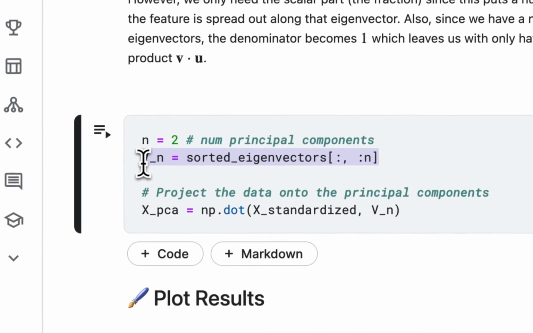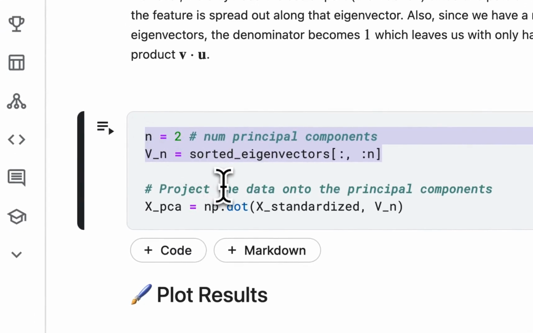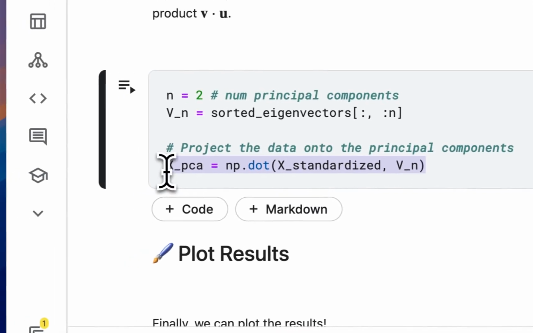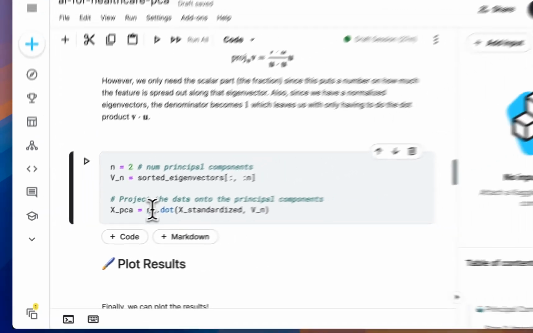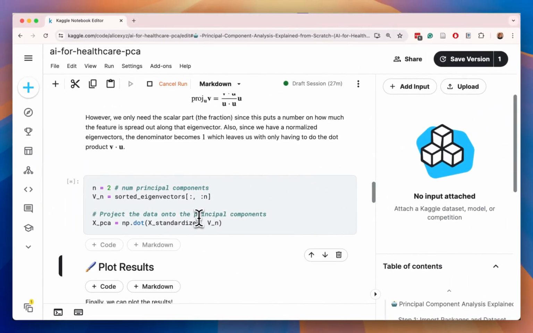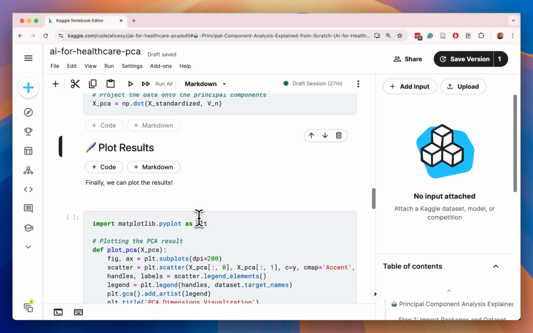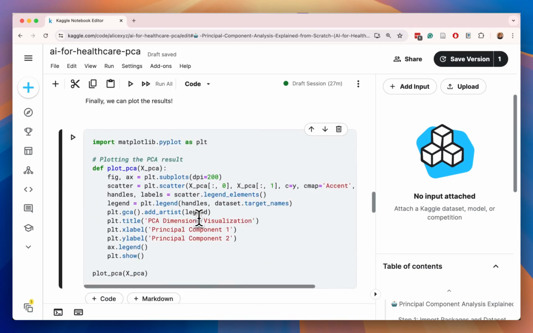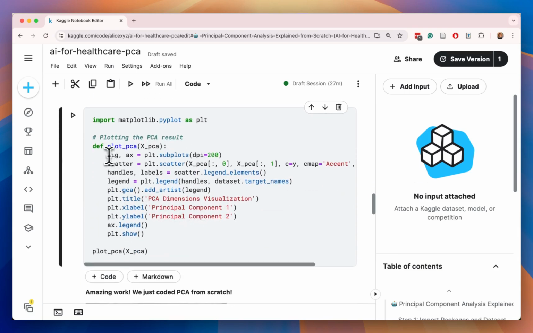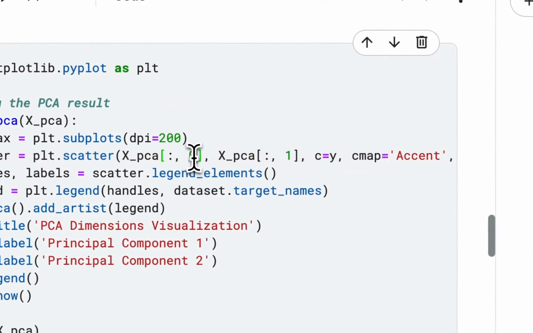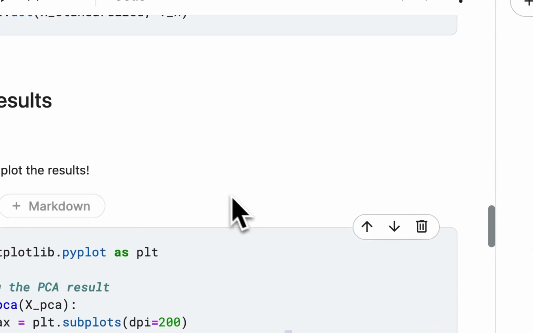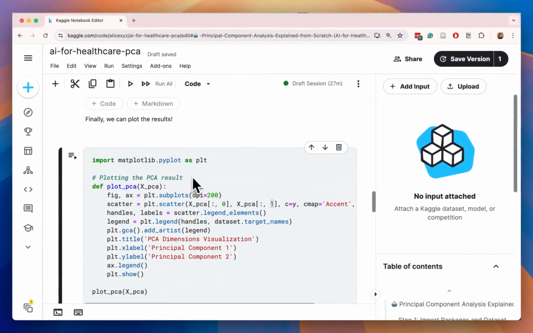So we just keep our top two eigenvectors, and then we take the dot product to compute the projected new feature. And this is everything we need, because now we can plot the results. So right here, I'm just taking scatter, and I'm plotting the 0 and the 1, so the two principal components that we just computed.